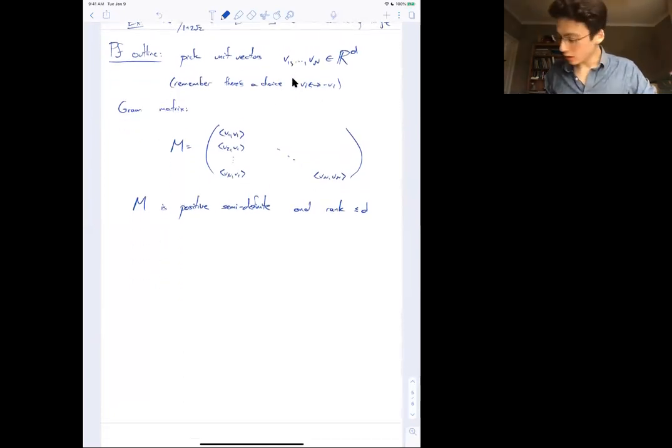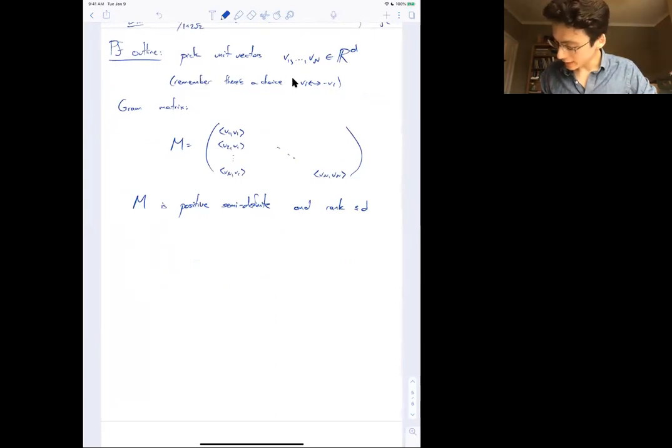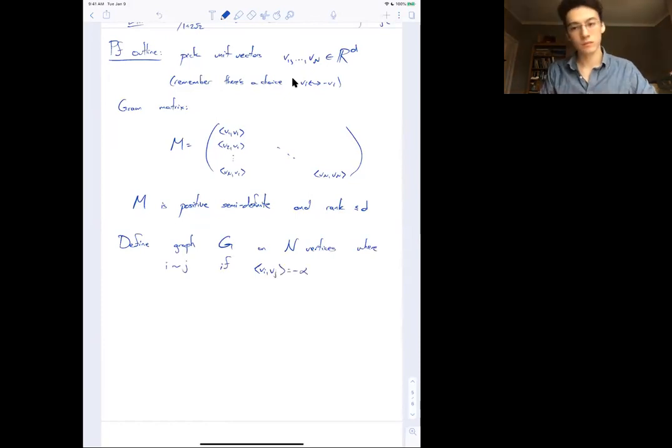So we can record all this information by defining a graph G on n vertices, where i is adjacent to j if the dot product of Vi and Vj is negative. So I just chose one of the two possibilities and said negative alpha is edge, alpha is non-edge.